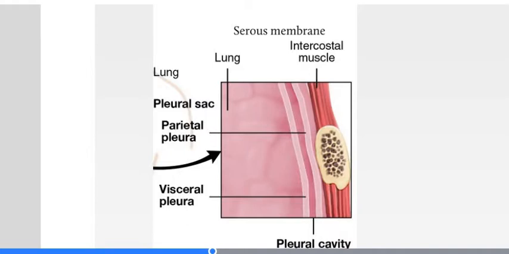Both layers are made up of a simple squamous epithelium and its associated connective tissue, again, an areolar connective tissue. And they're facing each other with a space in between called the serous cavity. The apical surface of either simple squamous epithelium is lining into that pleural cavity.